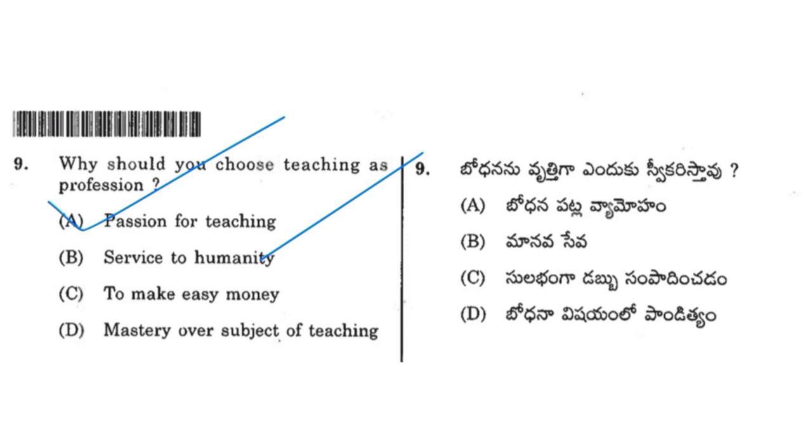The primary and strongest motivation for choosing teaching should be a true passion for teaching, because it drives continuous improvement. It keeps the teacher motivated, and it positively impacts students' learning and growth. Next question.